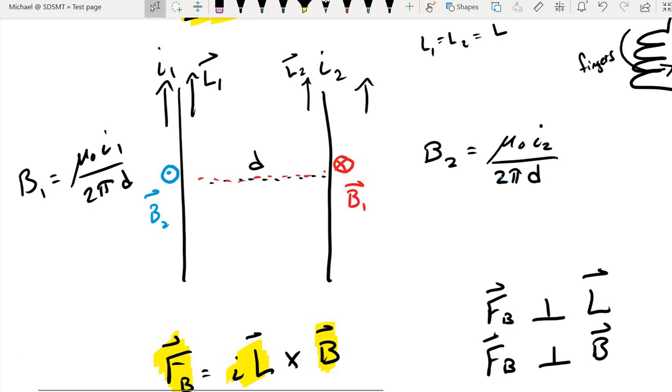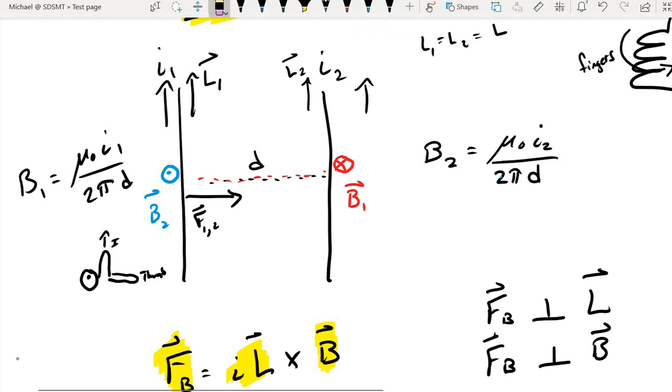And so right now what we have is the index finger pointing up, middle finger pointing out, and then without breaking anything, your thumb can only point to the right, and so that is going to be the direction of the resulting force.